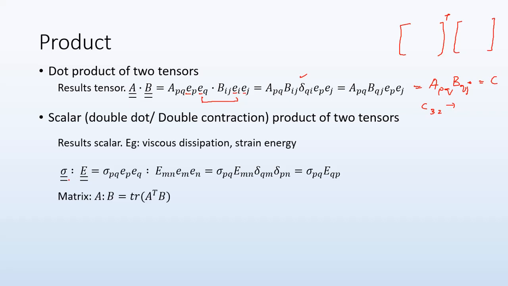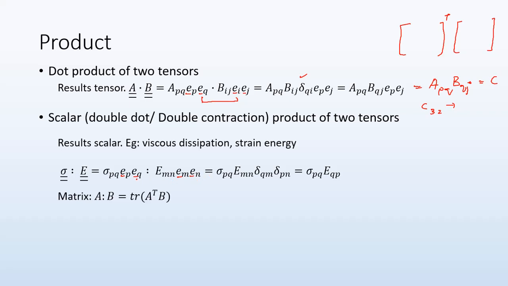It is obtained by taking the double dot product, also known as the double contraction, of the total stress sigma with the strain rate E. So when we take the double dot product using index notation, I can write sigma_PQ e_P e_Q double producted with E_MN e_M e_N.